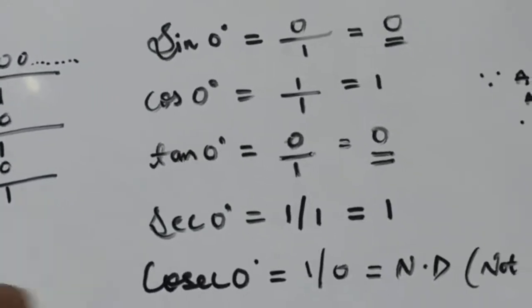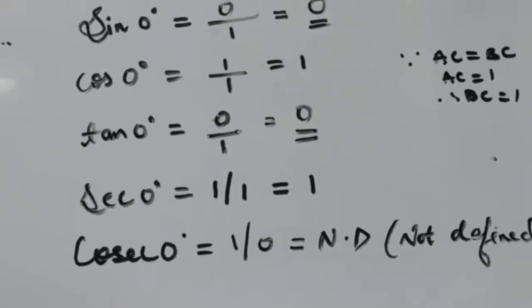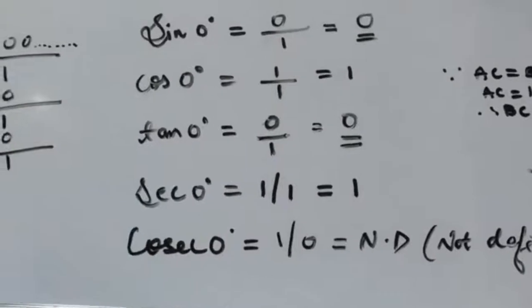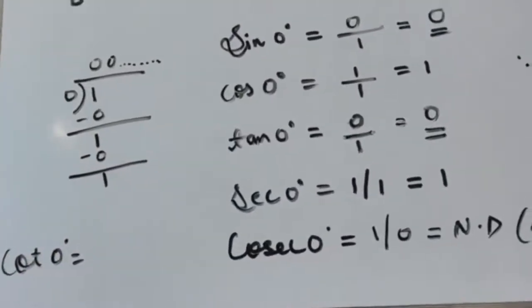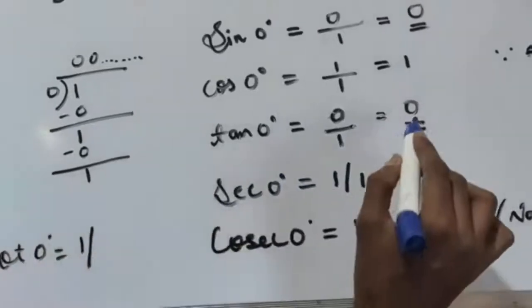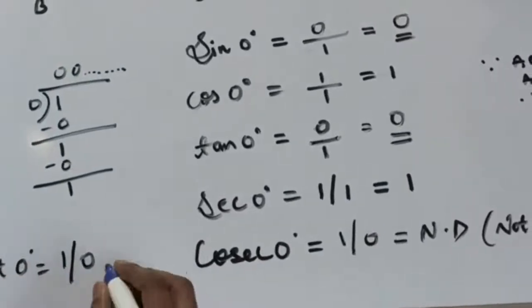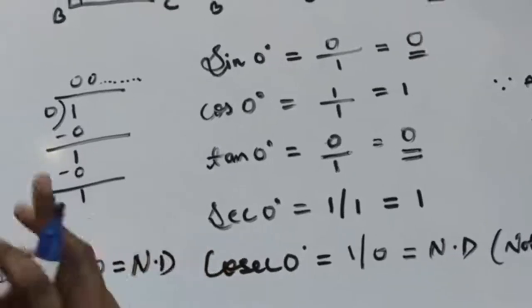That is why we call it not defined. Understood? Similarly, let's find out cot 0 degree. Cot 0 degree will be the reciprocal of tan 0 degree. 1 upon tan 0 degree, which is 0. Again the same condition, 1 divided by 0. So let's call it ND or not defined.